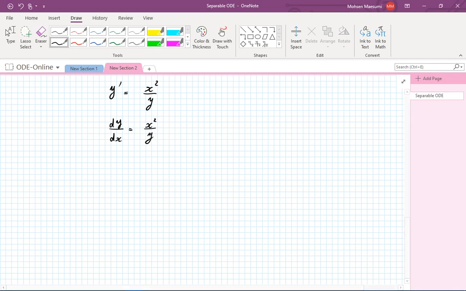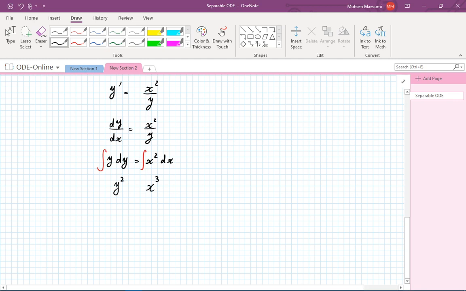What we do next is we typically multiply and divide as needed. Like in this case, I have y dy is equal to x squared dx. Next, we have the integration step. At this step, we have y squared over 2 on this side, and x cubed over 3 on the other side.